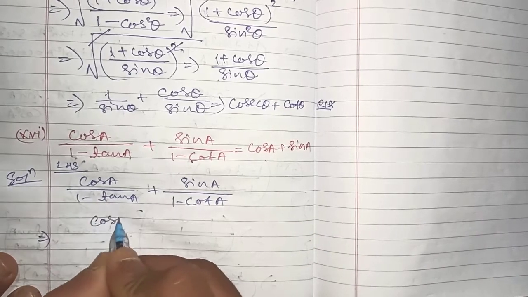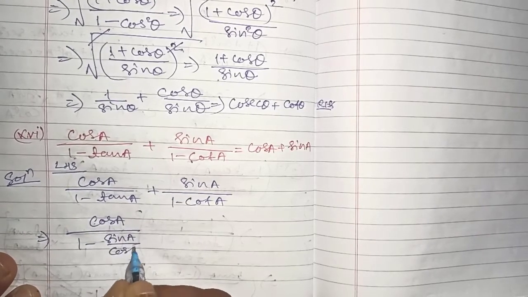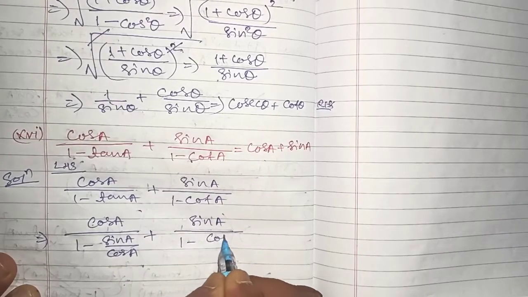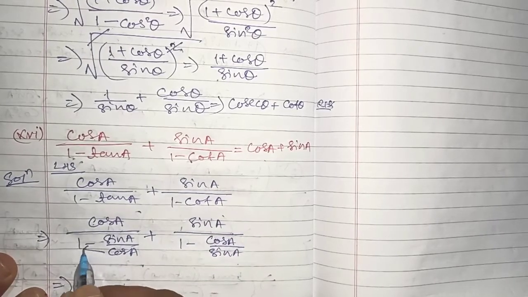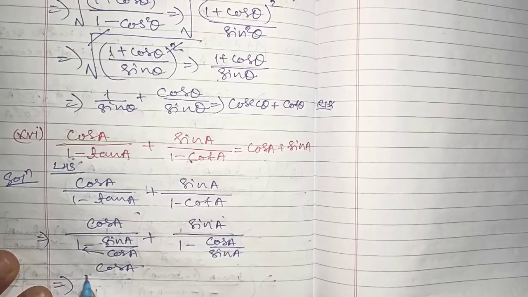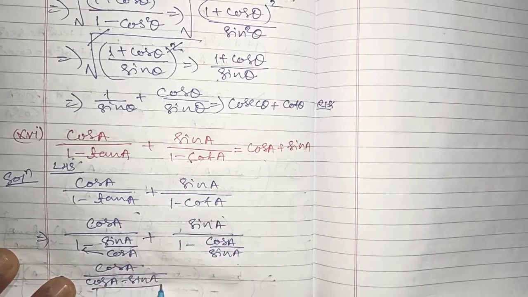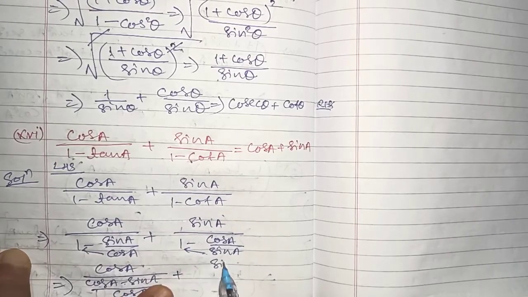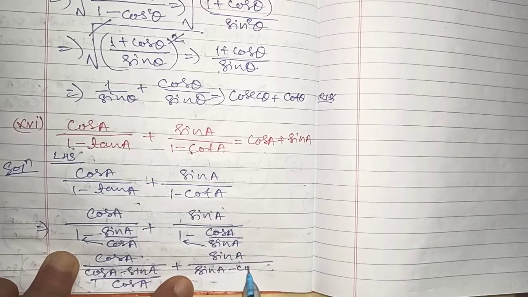So cos a is as it is, divided by 1 minus sin a by cos a, plus sin a divided by 1 minus cos a by sin a. Now multiply here: cos a by this will become cos a minus sin a divided by cos a, plus sin a divided by sin a minus cos a divided by sin a.